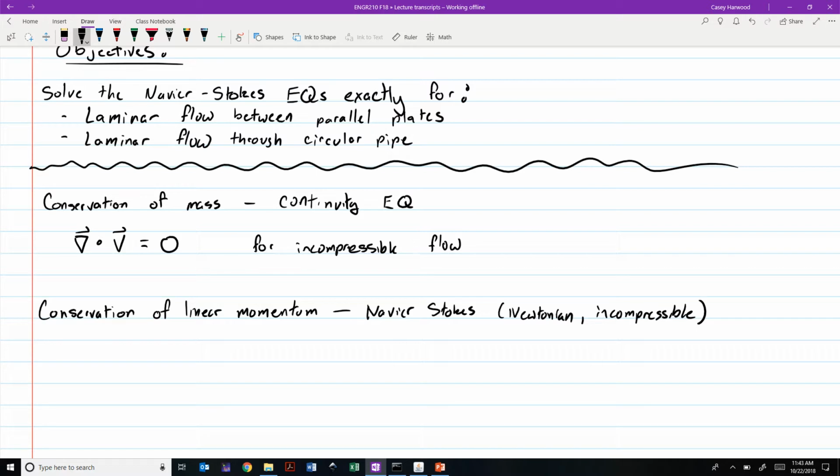In vector form, we write this as rho g minus grad p plus mu, rho, plus v.